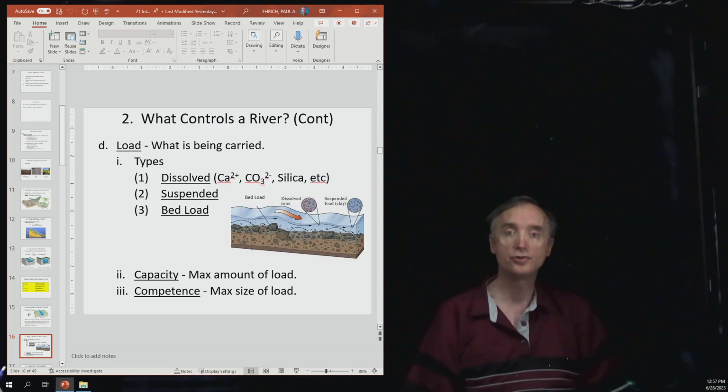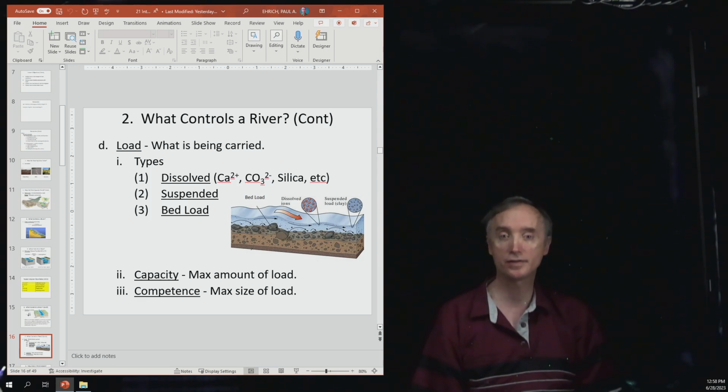Okay, then you should know what load is. You need to know what we mean by the dissolved load, and be able to give me examples of things that might be dissolved in water. What is the suspended load, and what is the bed load. Then there are some other words here.